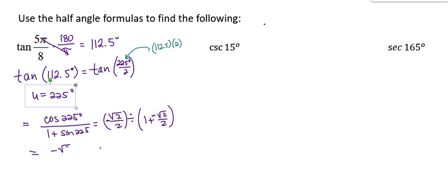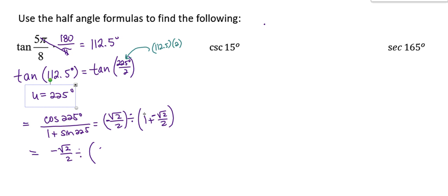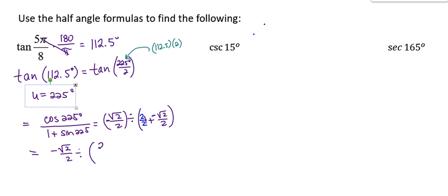Okay, negative square root of 2 over 2 divided by, again, we need our common denominator here. This is going to be 2 over 2. Seeing a pattern with these guys? So it'll be 2 minus square root of 2, because it was plus a negative, over 4, which is negative square root of 2 over 2 times 4 over 2 minus square root of 2.